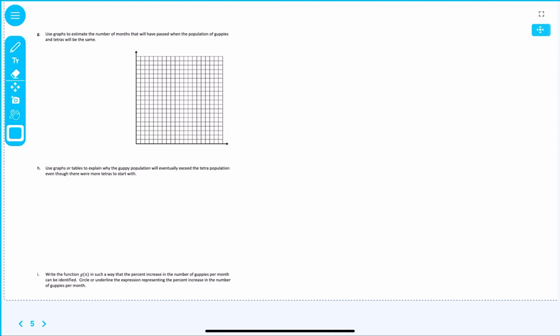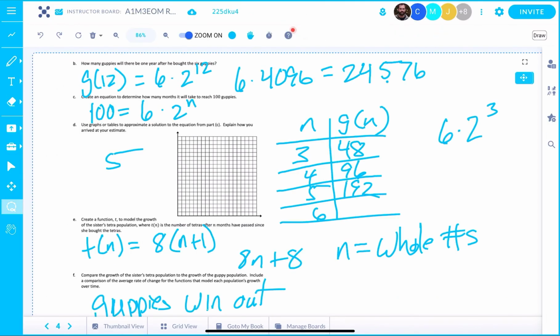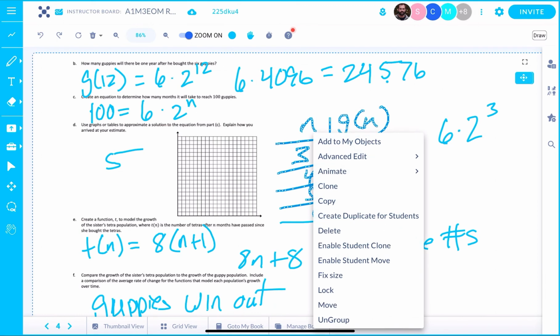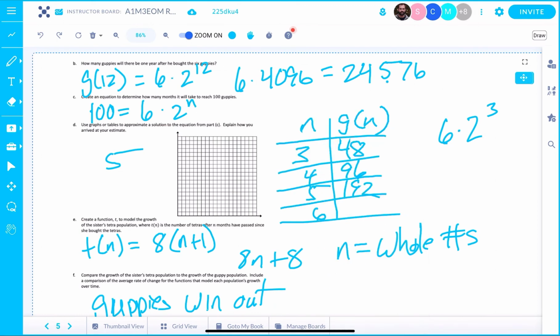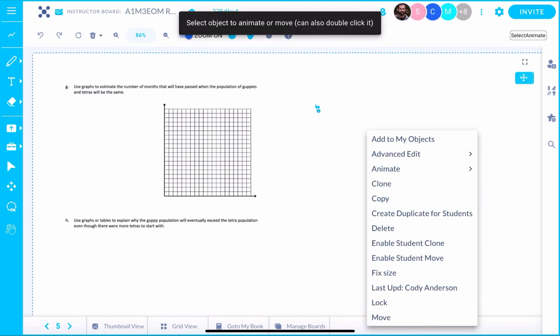So, let's see here. We already know this. Let me see if I can do this here. Copy. I'm going to hopefully... nope, I don't know how to do this.